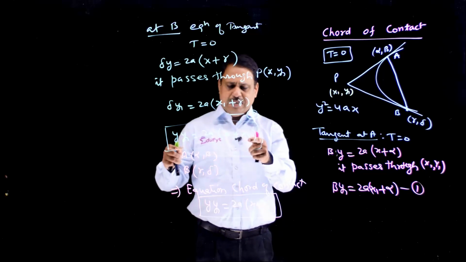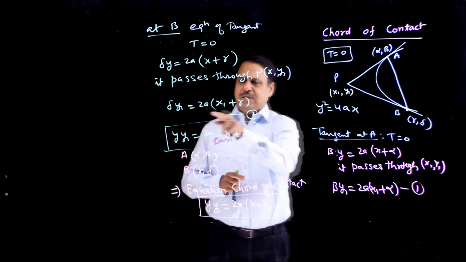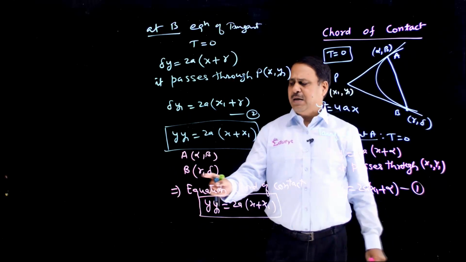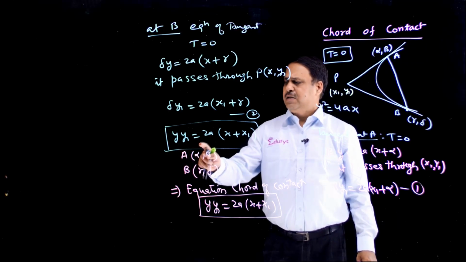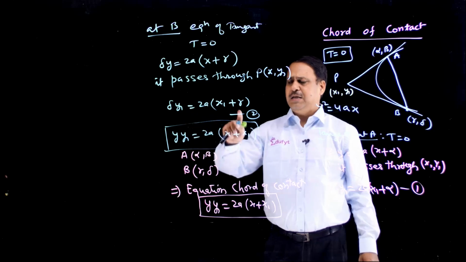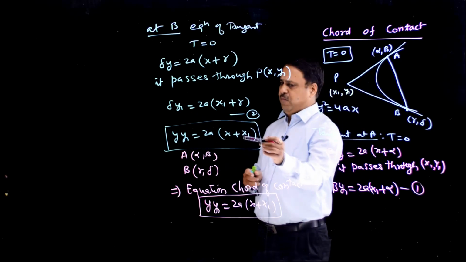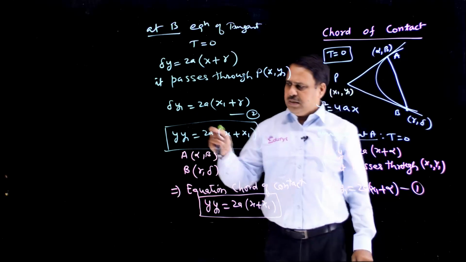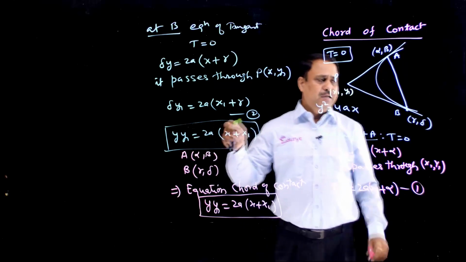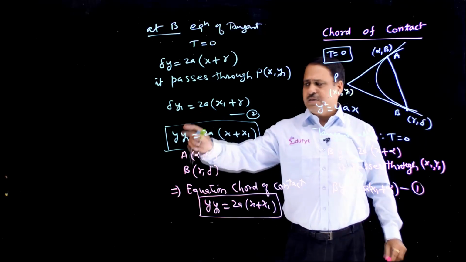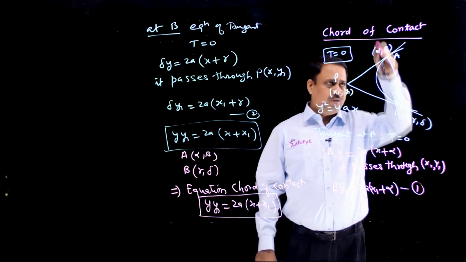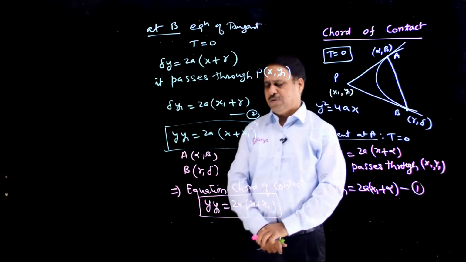Similarly, this line is also passing through this point because this is satisfied by gamma, delta: delta y1 is equal to 2a gamma plus x1, as per condition number 2. That means this is a straight line. Why is it a straight line? Because it is a linear equation in x and y. And a straight line will always pass through two points, which will be unique. So this is the equation of the line AB, which is the chord of contact.